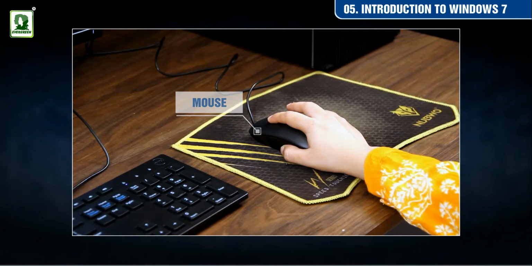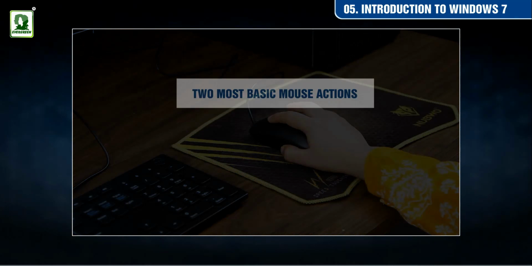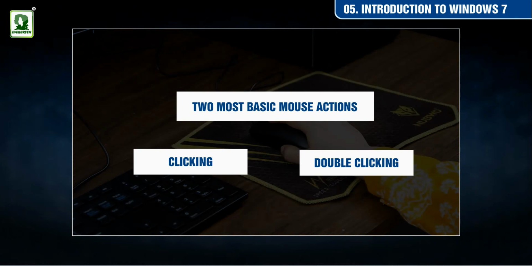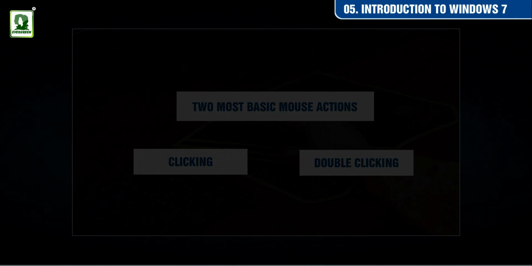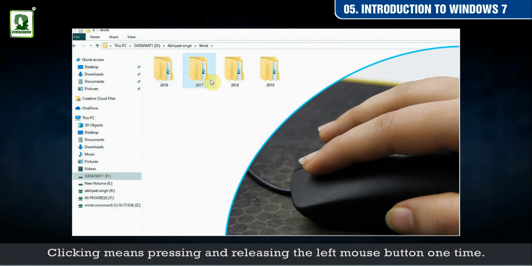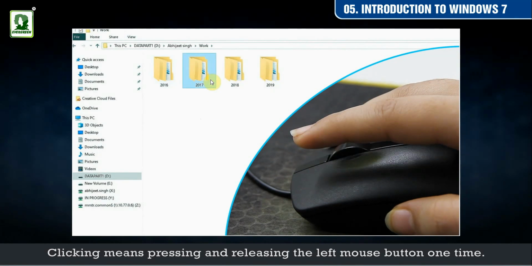You will learn how to perform the two most basic mouse actions: clicking and double-clicking. Clicking means pressing and releasing the left mouse button one time.